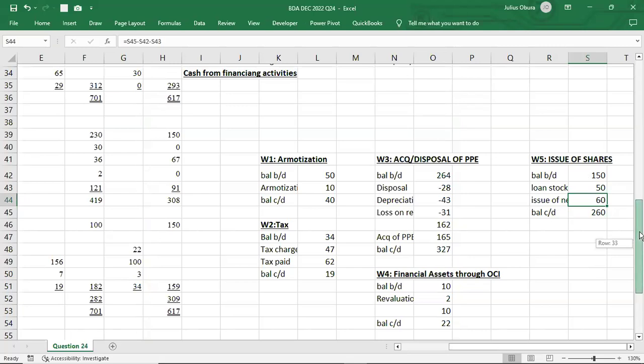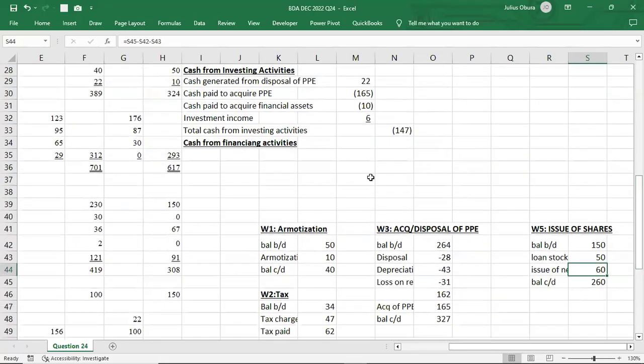Now, the question is, what happens when we issue shares? When we issue shares, we get capital because the investors pay for them to acquire the shares. So we get cash. So we have cash received on issue of shares, and it should be equal to 60.